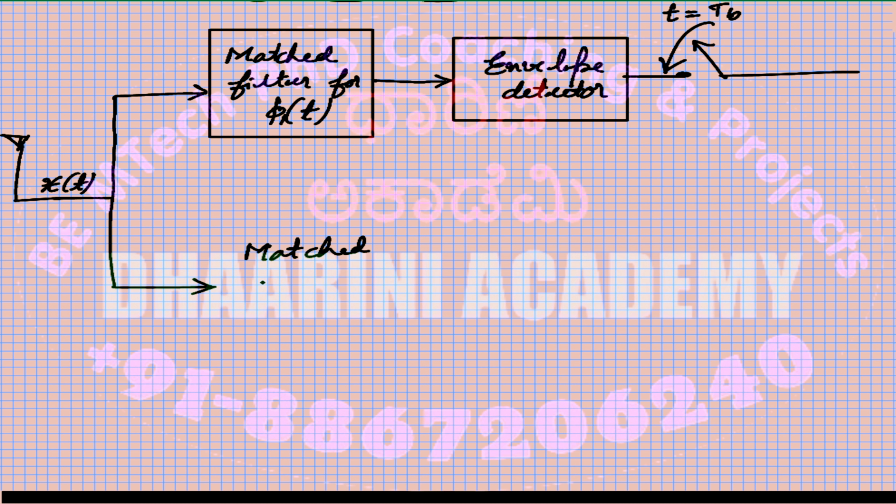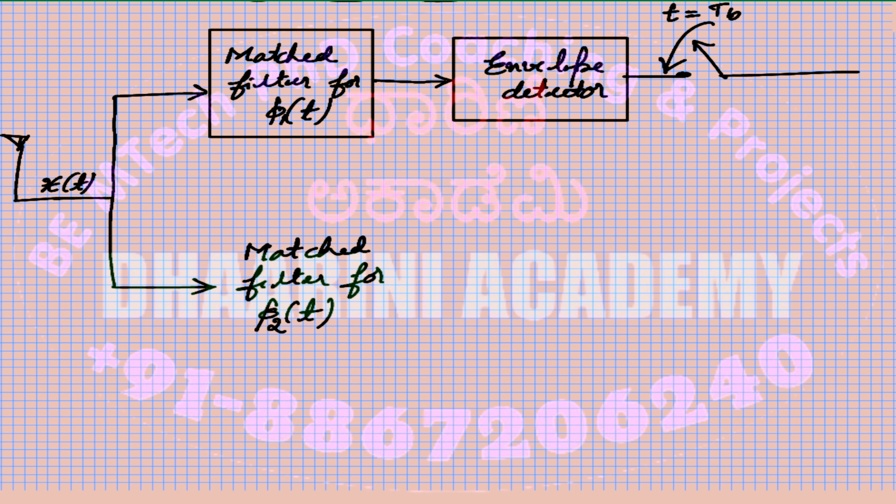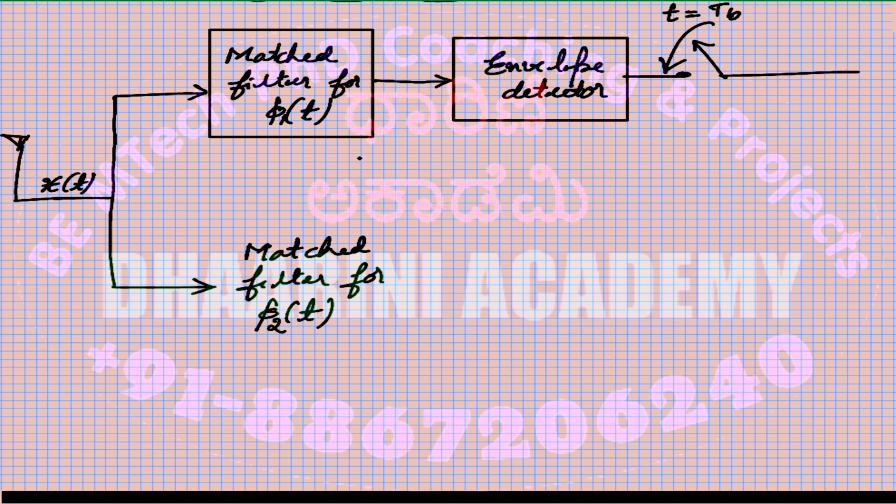So let me write this, okay? Matched filter for, now I write phi 2 of t. The matched filter concept itself is designed in such a way that you don't need the NOT gate. Okay, I'll come to that now itself. Just 1 minute.